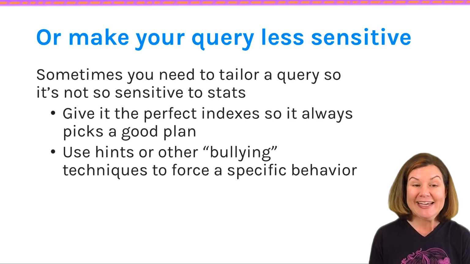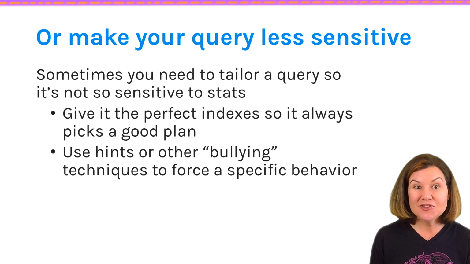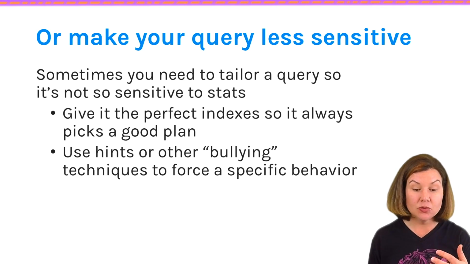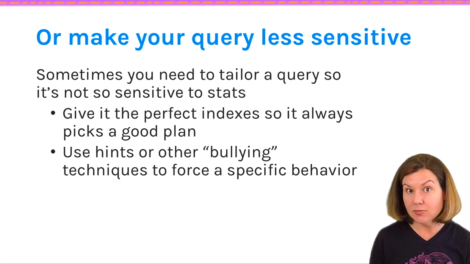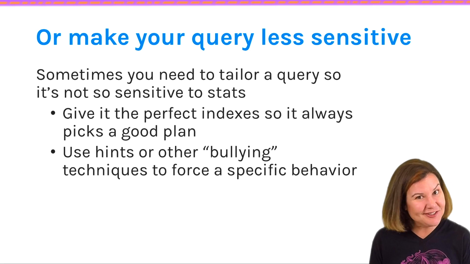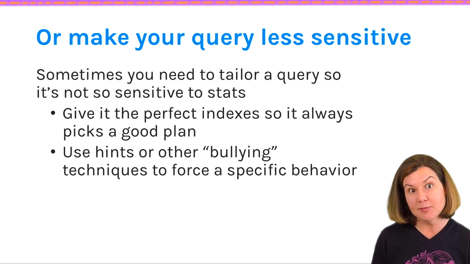Other times, if you can't do that, you can use hints in the query, or you can use tricks like freezing the execution plan in Query Store in 2016 to stabilize that execution plan and say, I want you to do this.